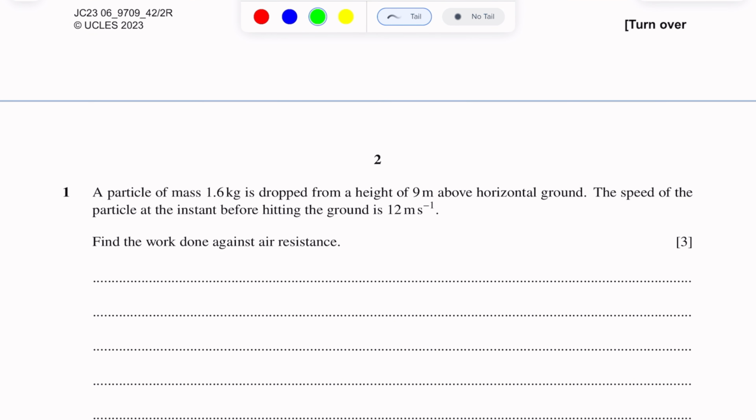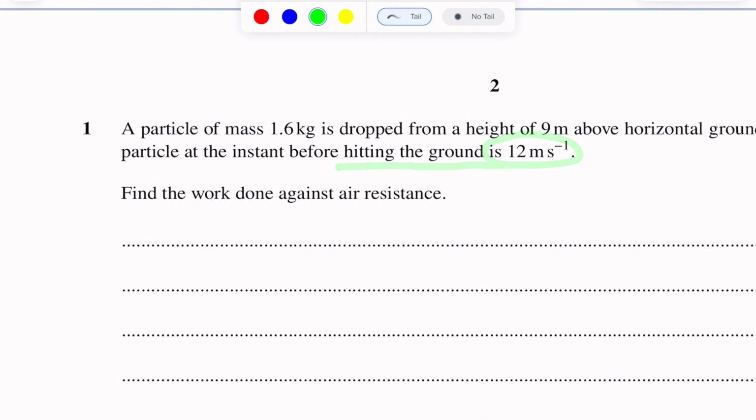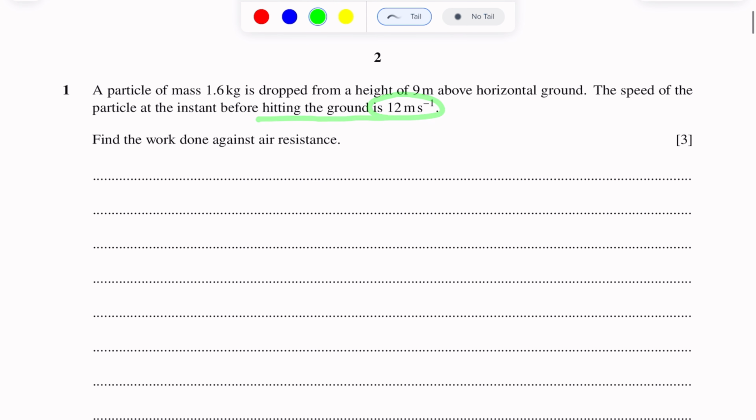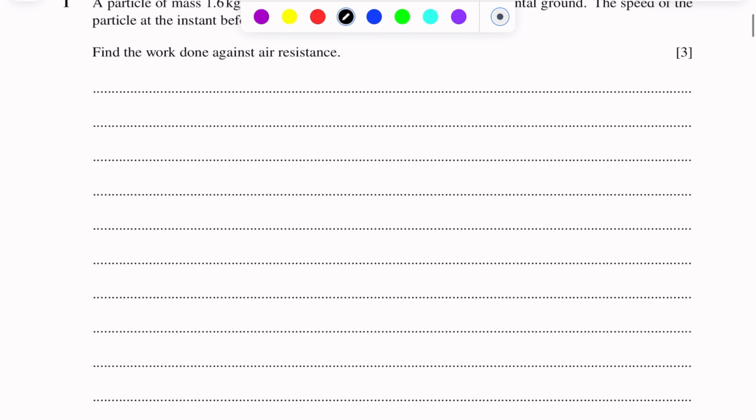First, we make the figure of this question. Mass of the particle is 1.6 kg, dropped from a height of 9 meters. Speed before hitting the ground is 12 meters per second. So, a diagram like this. The particle is dropped from this point.